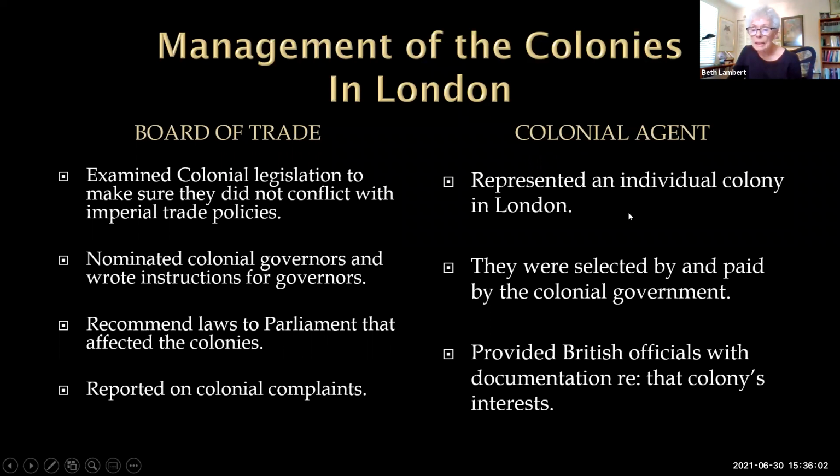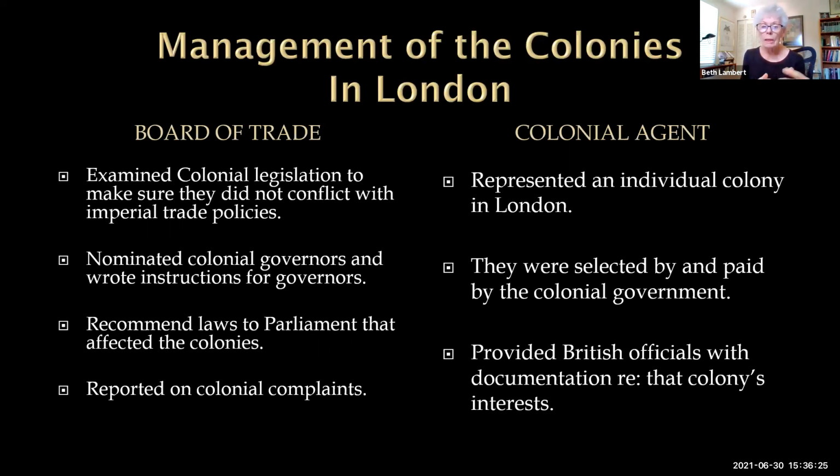They represented an individual colony in London. They were selected by the colonial government, and they provided British officials with documentation regarding that colony's interests. So was there a representation in Parliament?